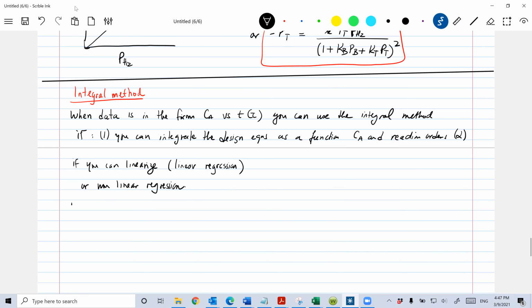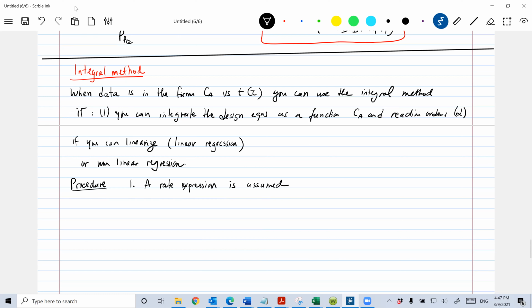So what's the procedure? Very important first step in the procedure is that the rate expression is assumed. Okay, it's very important. You assume what it is, then you can solve the design equation.